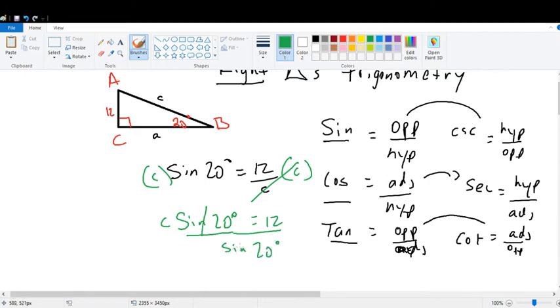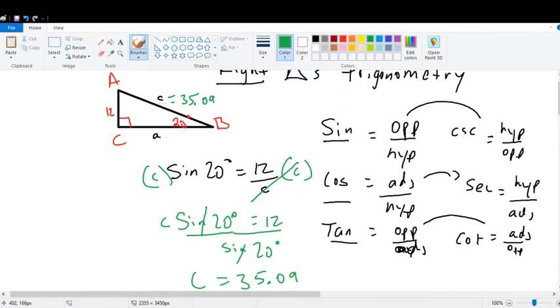So I have c equals 12 divided by sine of 20 degrees, and that's equal to roughly about 35.09. All right, so that's lowercase c, which is this one here. So 35.09, depending on what the book is asking you to round to.